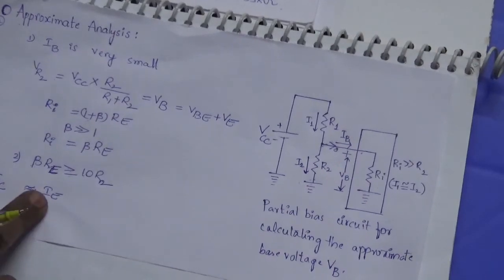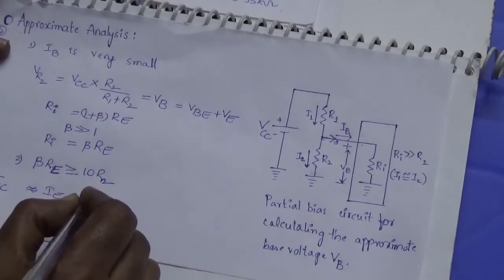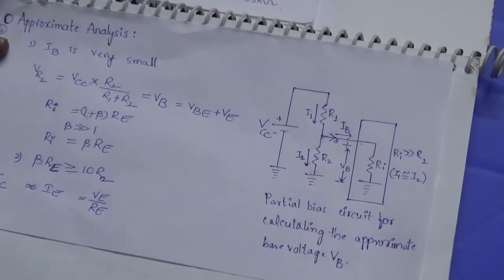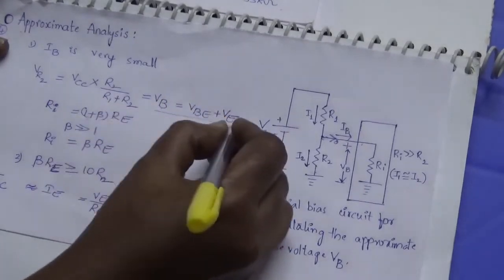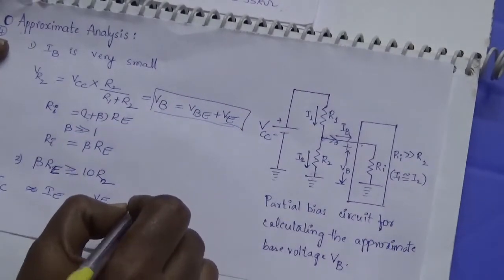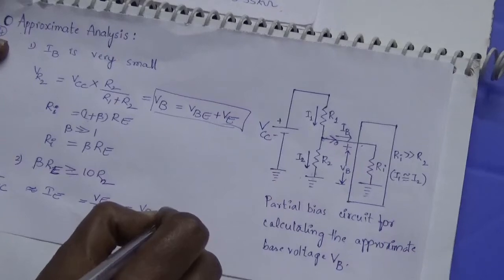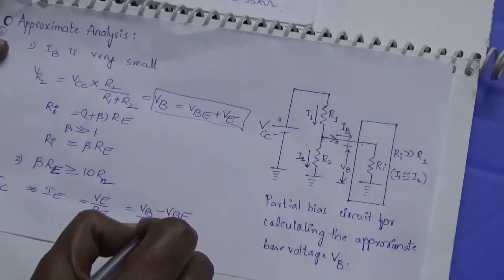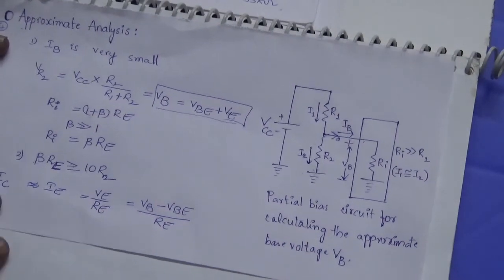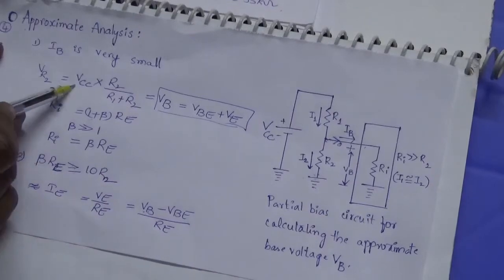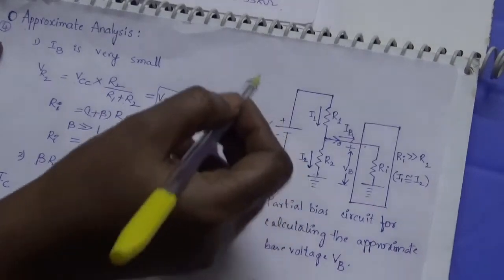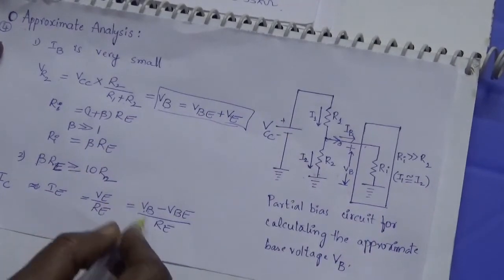So how can we get IE? IE is nothing but VE by RE. What is VE? From this equation, VE is equal to VB minus VBE, so IE is (VB minus VBE) by RE. Do you understand? In approximate analysis you must remember this. So what is VB? VB is nothing but this, and VBE is 0.7. RE is already given in the problem. So with this we can find IE.